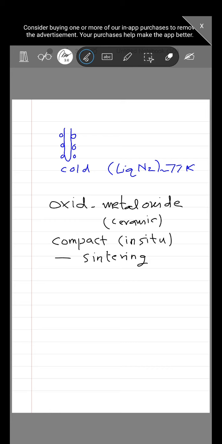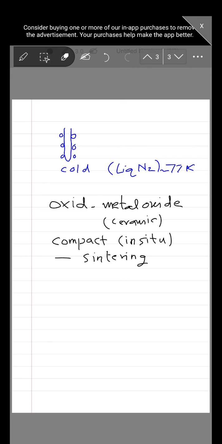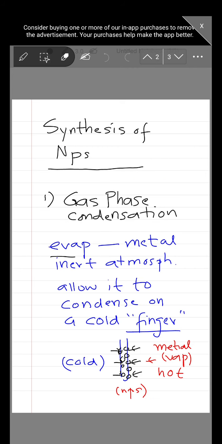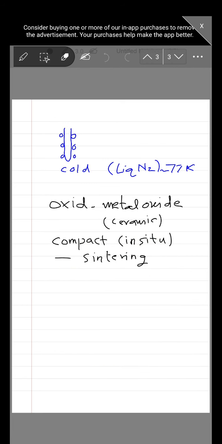Now, this gas phase condensation, as we have previously told, is due to the evaporation of this metal in this inert atmosphere. And by inert atmosphere, we sometimes use argon gas, and the evaporation is taking place in a temperature regulated oven containing reduced atmosphere inert gas, and that is why it is also called inert gas condensation.